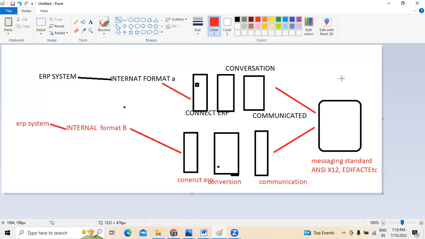So for two systems to connect, is it possible, Facets to QNXT or QNXT to ERP? The configurations have to be made. That's where the configurations and data mapping have to be taken care of. This is where Facets configurations come into the picture.